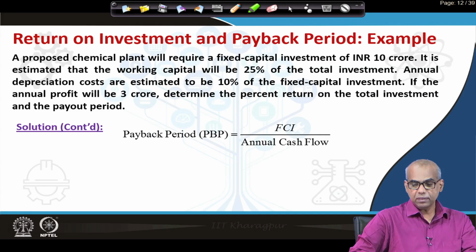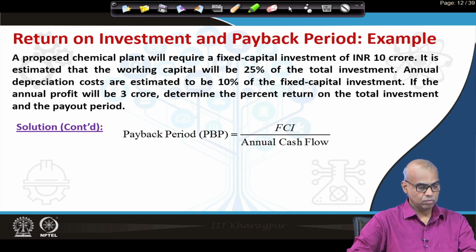Now, what is the payback period? Payback period will be the fixed capital investment divided by annual cash flow, and the annual cash flow will be net annual profit plus annual depreciation charge.